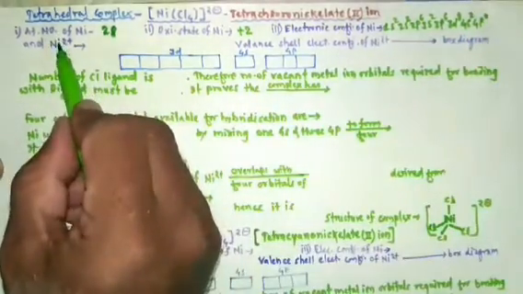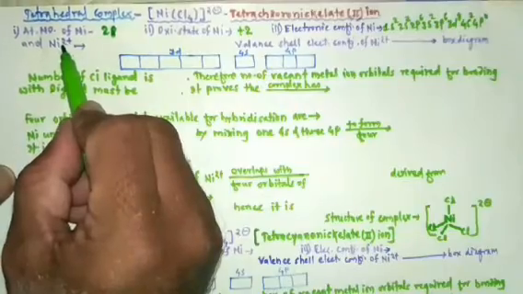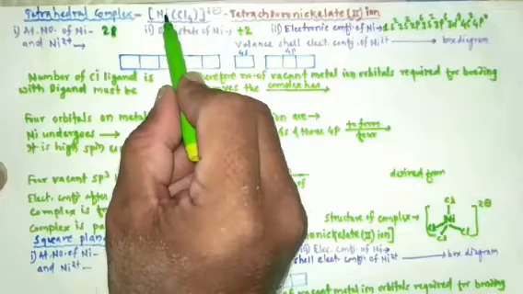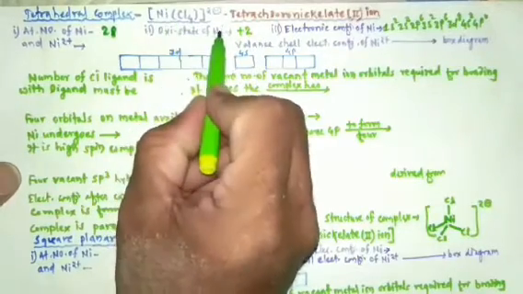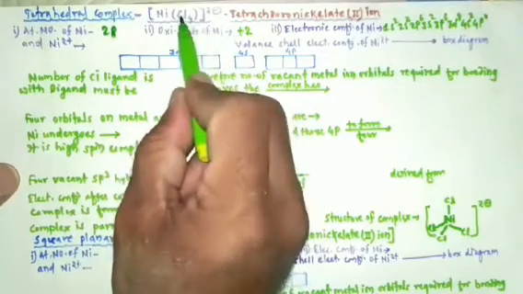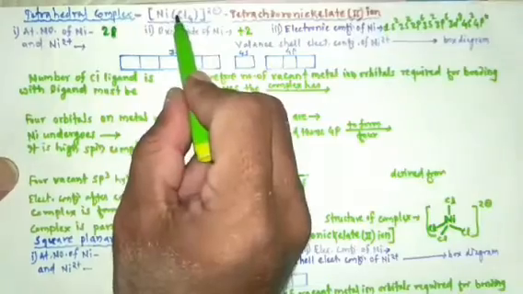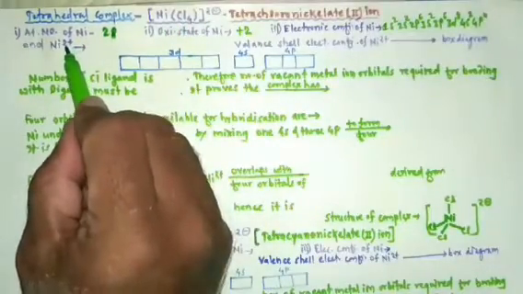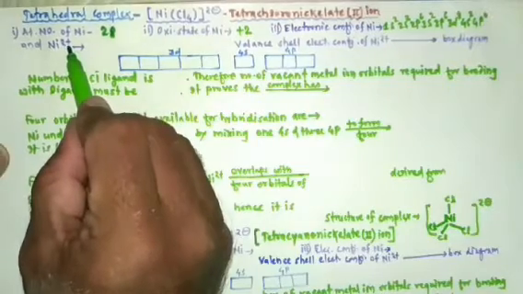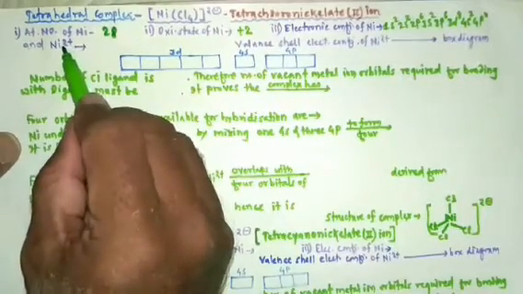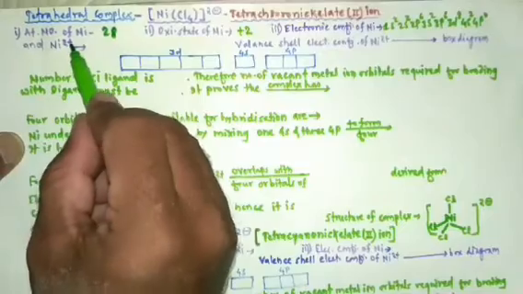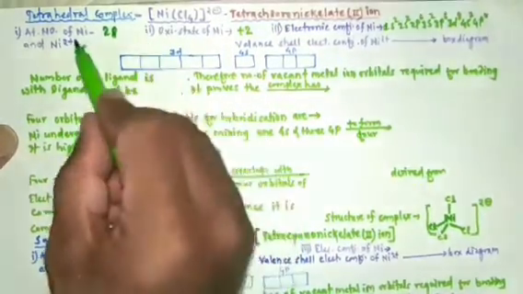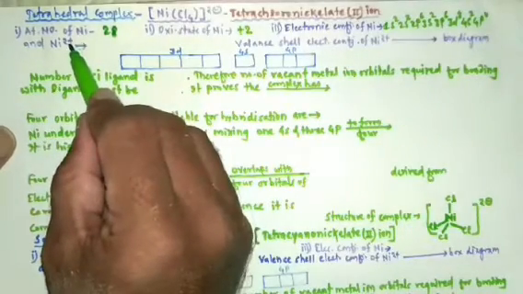Now the electronic configuration of Ni2+, because in this complex the oxidation state of nickel is +2. Therefore we have to assign the electronic configuration of Ni2+ ion. If nickel loses 2 electrons, it gets converted into Ni2+ ion.